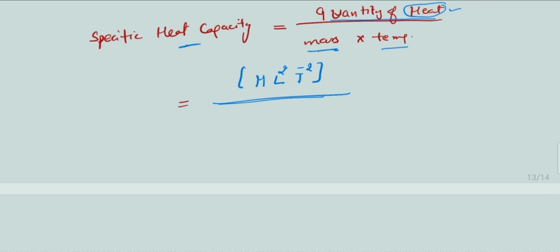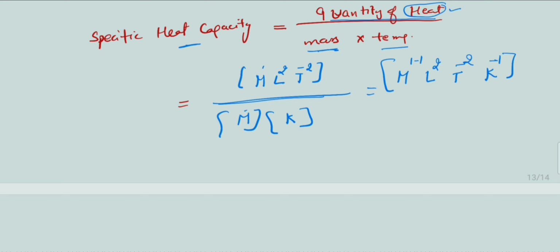Divided by mass, the dimensional formula for mass is M, and the dimensional formula for temperature, which we measure in Kelvin, is K. So we can write M raised to power 1 minus 1, L raised to power 2, t raised to power minus 2, and K raised to power minus 1. So the dimensional formula for specific heat capacity is [M^0 L^2 t^-2 K^-1].